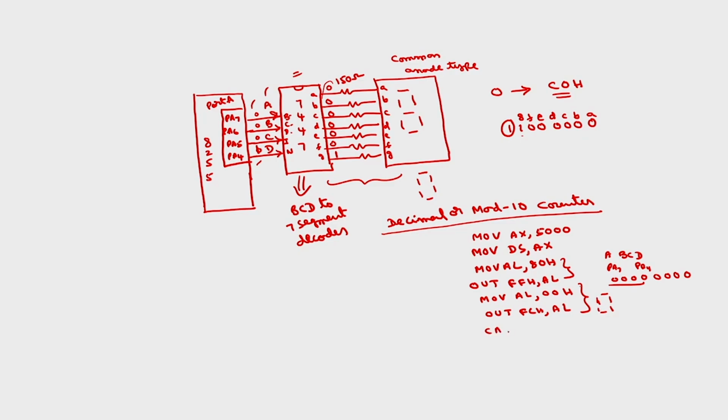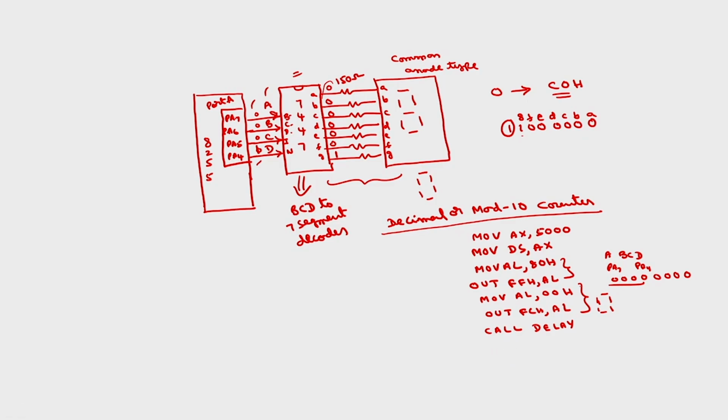Then you call a delay of any time that is required by the application. Then I have to increment this, from 00 to 01. For that you set the carry. This will be more convenient if I use the lower order 4 bits instead of the higher order 4 bits.